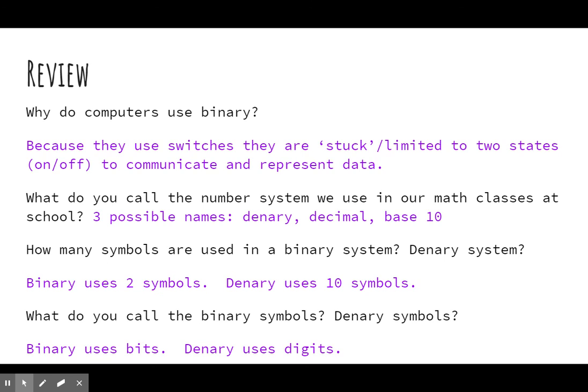When we're talking about denary, all those little symbols, there's 10 of them, from 0 to 9, we call those digits. Hopefully at this point, you can now explain the difference between a binary system and a denary system, and you can begin to imagine how symbols are represented using either 10 symbols or using 2 symbols.